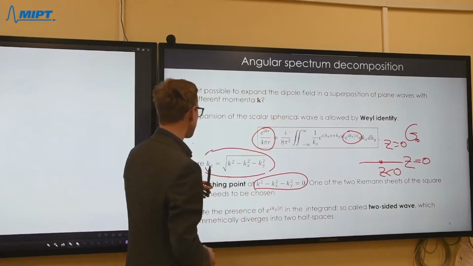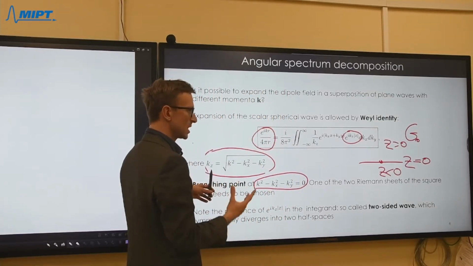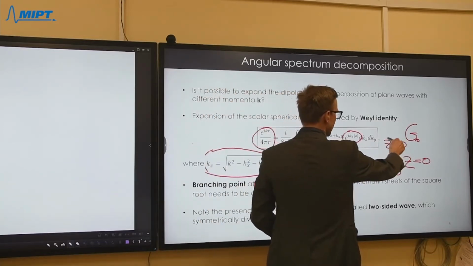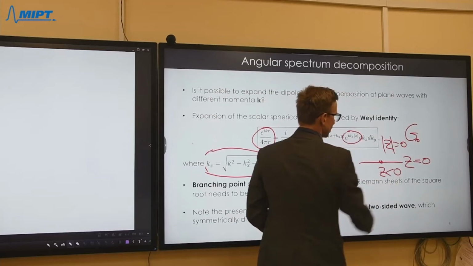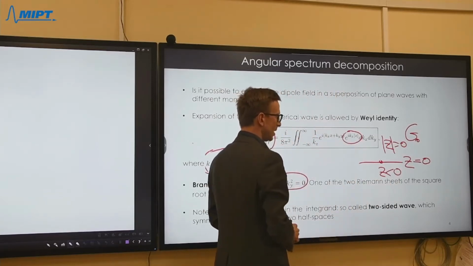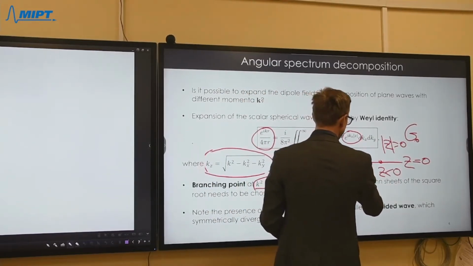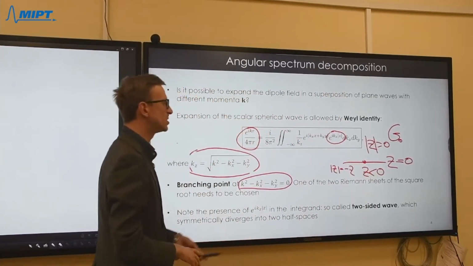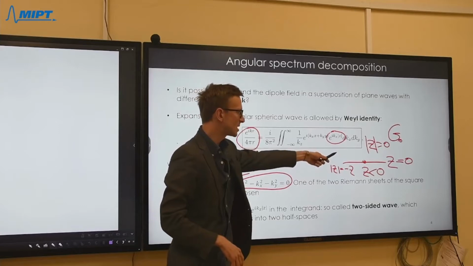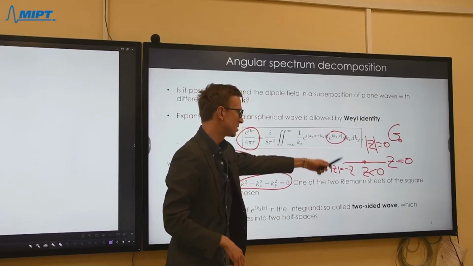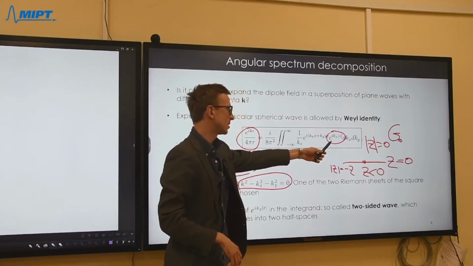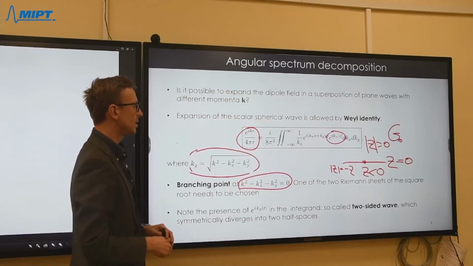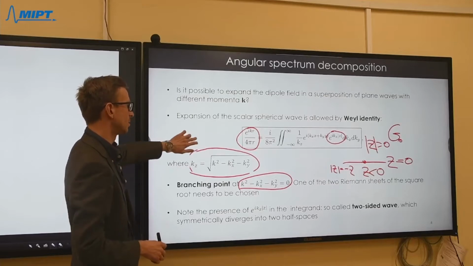We obtain kz in the same unique way for both half spaces, but here we plug the absolute value of z, which is z in the upper half space and minus z in the lower one. So essentially, we obtain two different expansions in these two half spaces. Again, this is due to the two-sided wave which appears in Weyl identity.